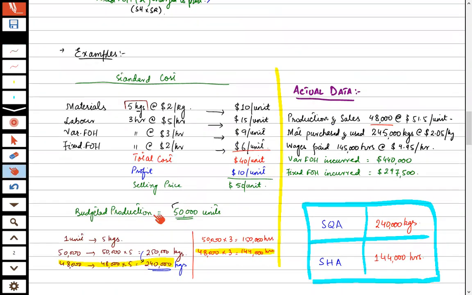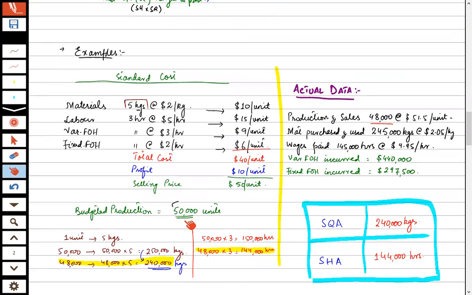We had budgeted production of 50,000 units. That is the budget. And for the budgeted production, we had earlier discussed that fixed overhead remains the same at all levels. But here, fixed FOH incurred was 297,500. But for 50,000, it was established that fixed FOH was to be applied at $6 per unit.